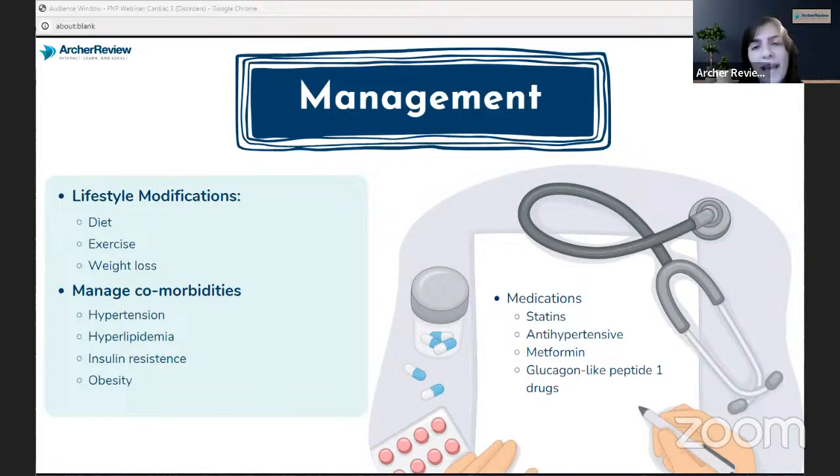And then managing their comorbid conditions. So don't ignore that hypertension, right? It's easy to just say, oh, every time they come in, they have white coat syndrome. Make sure when they go home, they're doing some blood pressure checks. And if their blood pressure is high at home too, then we need to have a conversation. Is this something that's been ongoing for a long time and we need to start medical management? Or is this something where if we have the motivation to address the diet and exercise piece, we're going to see that improve?